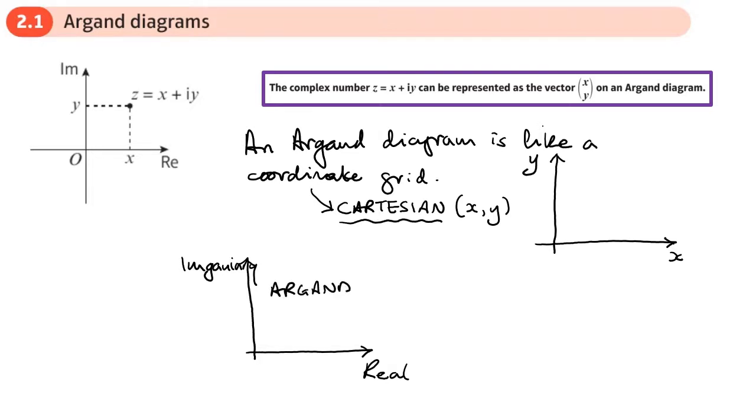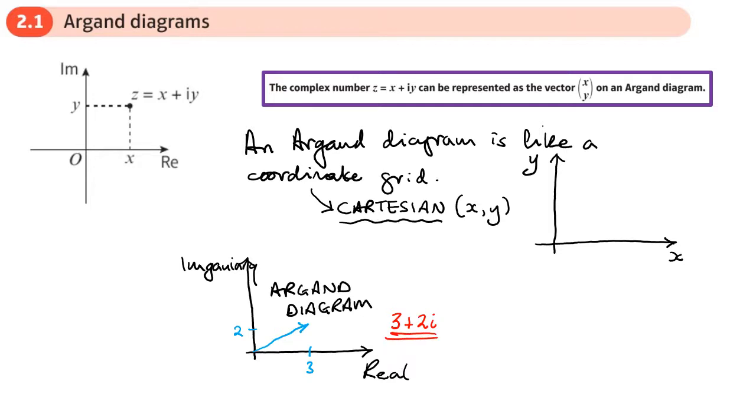And we can plot our complex numbers either as a single point or maybe like a vector. So if I had something like this, and this was 3 across, and this was 2 up, that would represent the complex number 3 plus 2i. It's as simple as that.